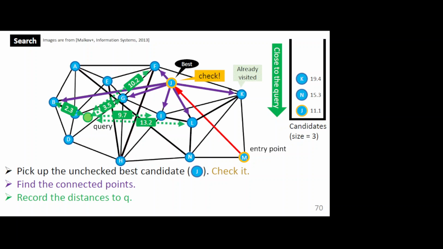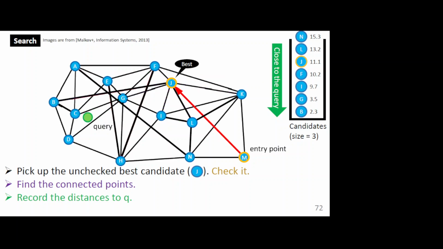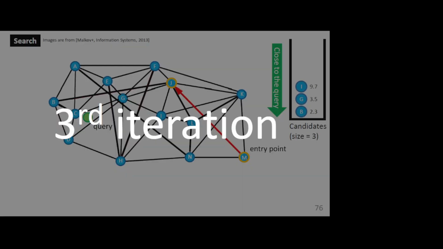And then based on this, update your queue again. Now you see the point B has the smallest distance. So you see we can very quickly traverse to a point very close to your query. Right? But we can keep only 3 candidates, so we remove the others.